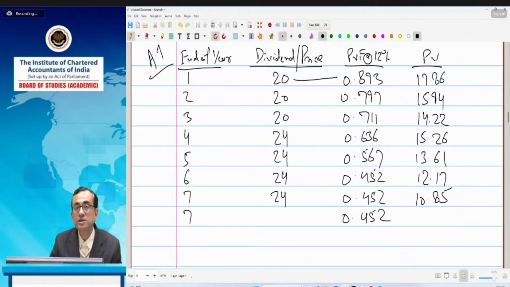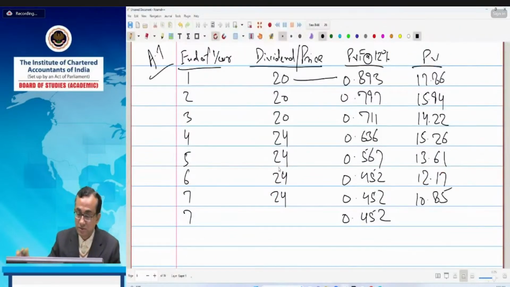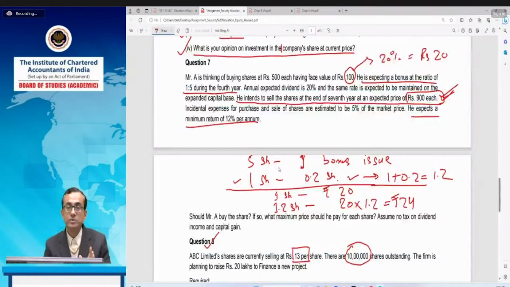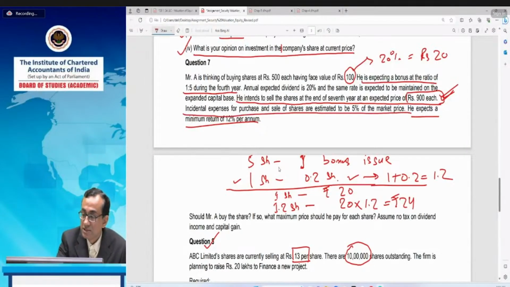Now, seventh year, the price. Mr. A will be selling the shares at rupees 900. So the present value of 900 will also be calculated. But now his shares are not 1. His shares are 1.2. So 900 into 1.2. And again, it is given in the question that for both purchasing and selling, 5% incidental expenses are to be paid here. Incidental expenses at the rate of 5% will be given on both purchase and sale of shares.